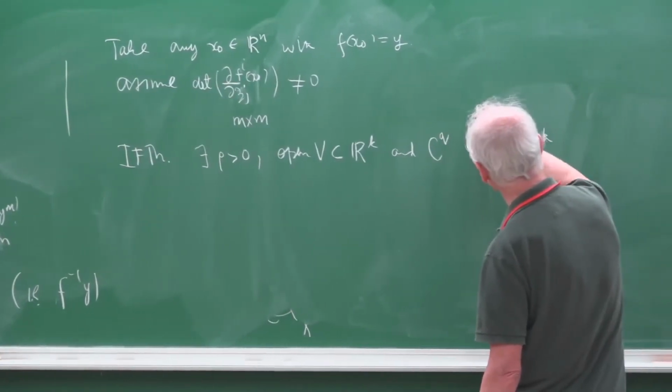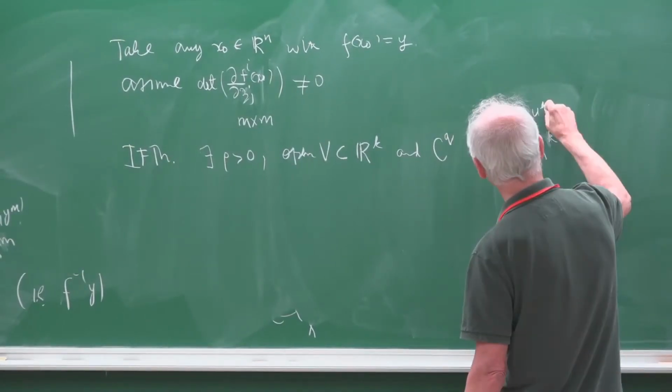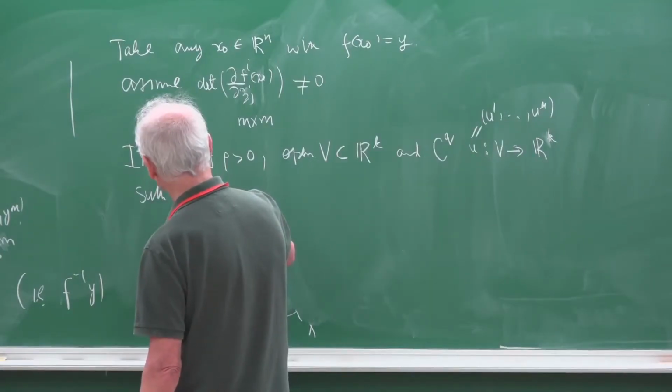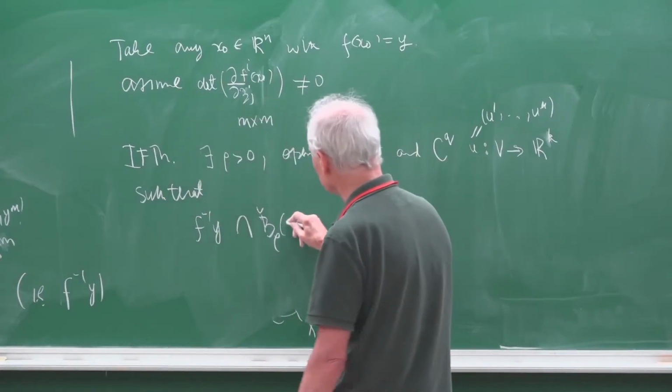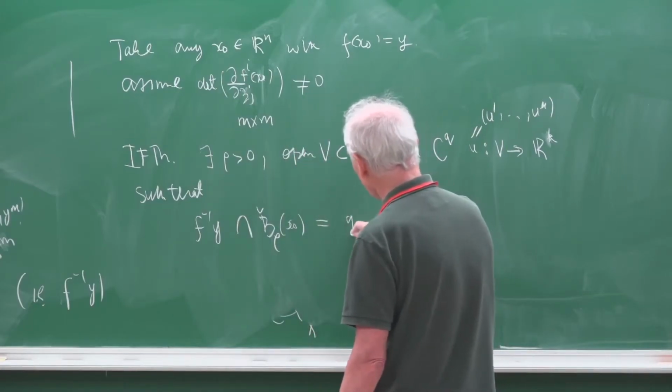It's a vector valued function with components u_1 up to u_m, such that the pre-image intersected with the open ball of radius rho centered at x0 is equal to the graph of u.